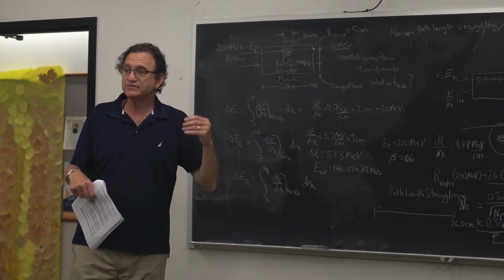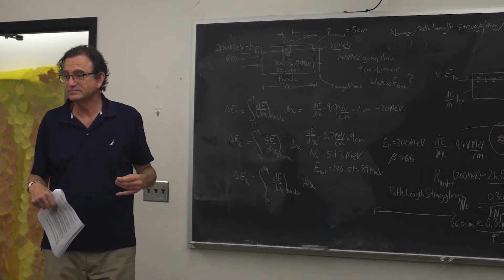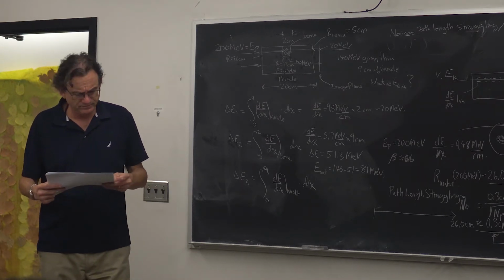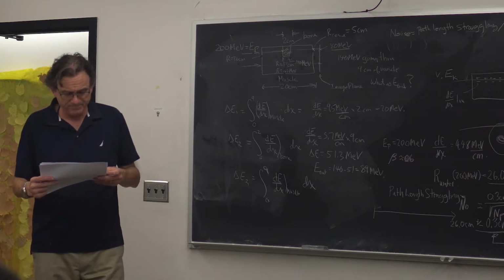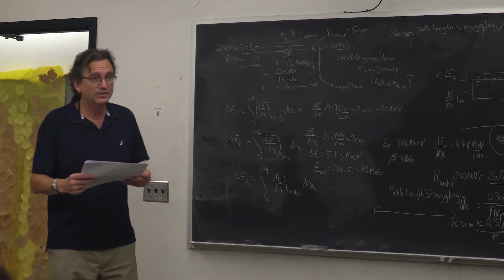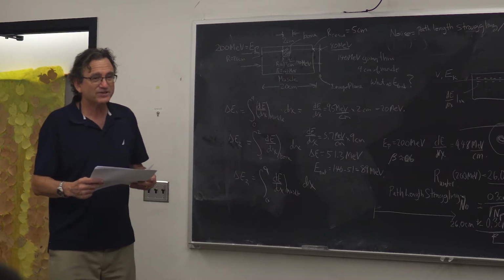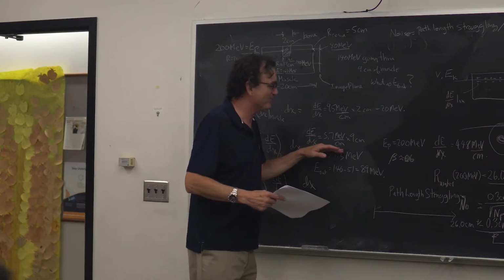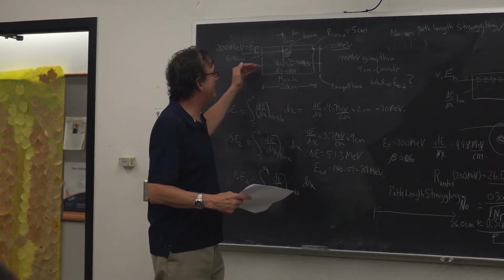What energy has 5 cm of range? It's like 78 MeV, which is different than 89. Because we did it more accurately. Your dE/dx was estimated here, which is not accurate, since it's changing a lot as you go through.